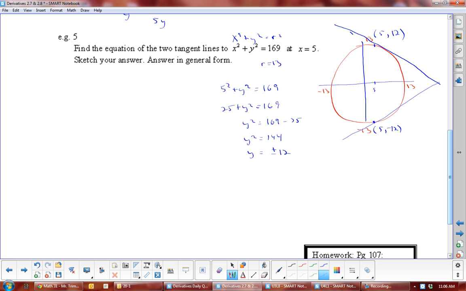To be able to find the equation of a line, you need the x, you need the y, and you need the slope. So the way we're going to find the slope is by taking a derivative of our equation. So I've got x squared plus y squared equals 169. The derivative would be what? 2x plus 2y, y prime equals, no, you can't do that because of the plus sign, equals 0.